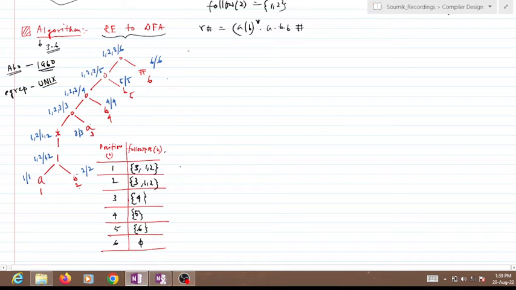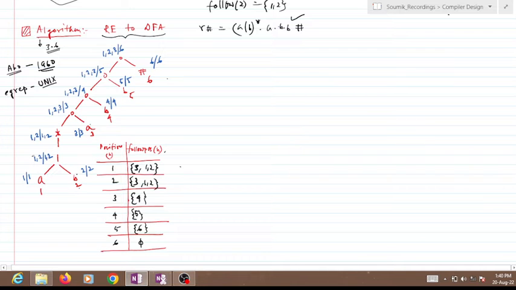Here we know that we are given a regular expression, that is, an augmented regular expression. From that augmented regular expression we first construct the syntax tree. After constructing the syntax tree, we assign a position value to each leaf node. Then we compute firstpos and lastpos for all the nodes.